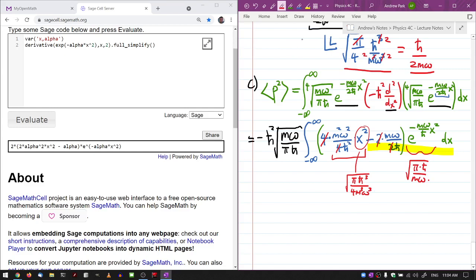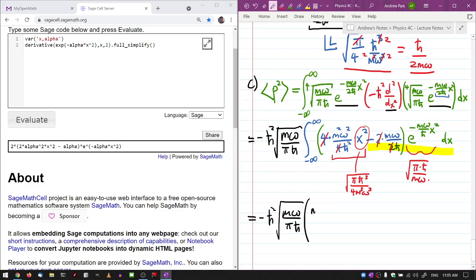So let me just write this out so that I can simplify them, and we'll see where we are. Minus h bar squared square root of m omega over pi h bar. These are all constant coefficients that were included in this result.